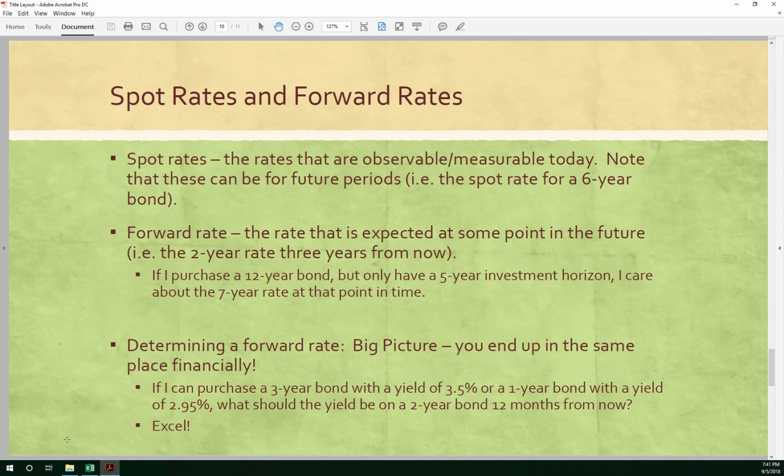So we're going to look at how to calculate a forward rate, and I want you to keep in mind this big picture, that we're going to end up in the same place financially whichever route we take. And we're going to always look at 2 different routes to get to the end result, the end time frame. So again, this is probably best seen in an example.